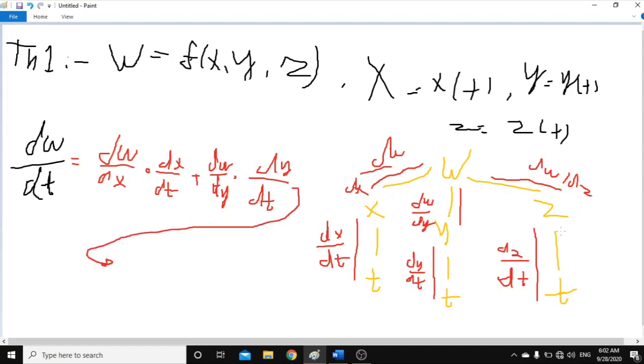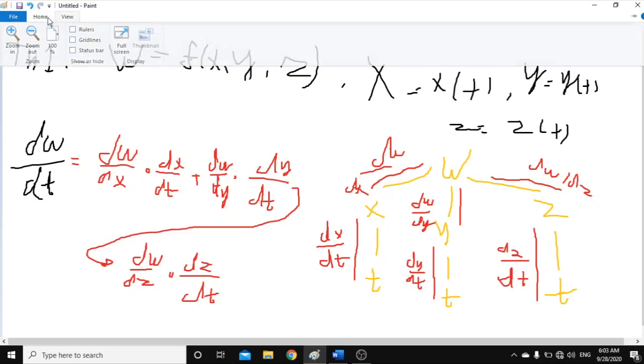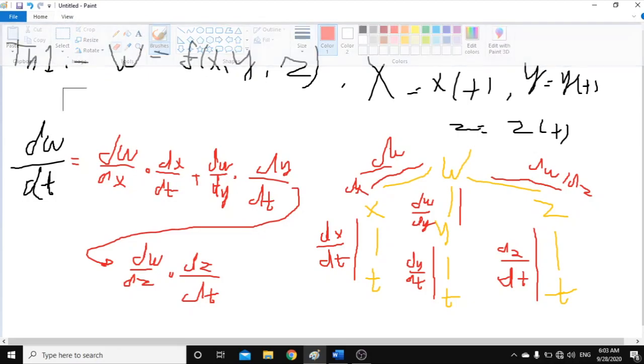And then the last way, the z way, we can call it, we write dw over dz times dz over dt. Yeah, and this is it. This is theorem number 2. It has 3 variables, not only 2.